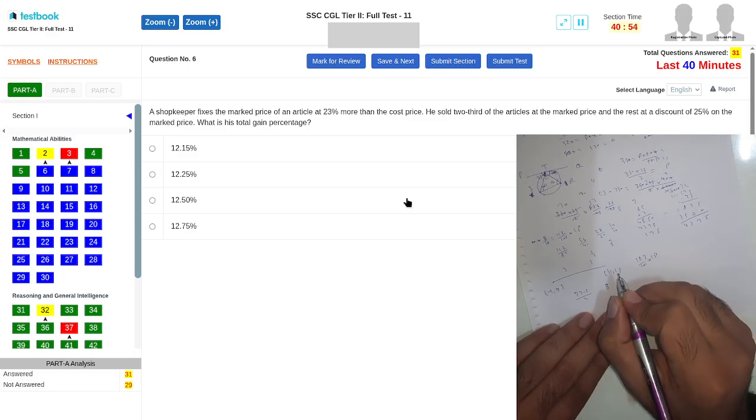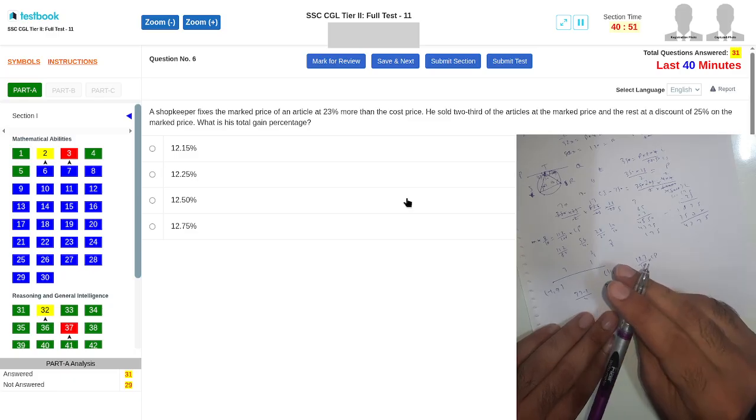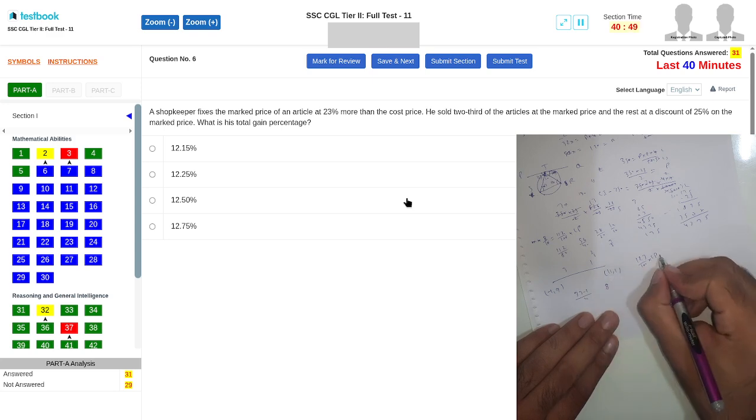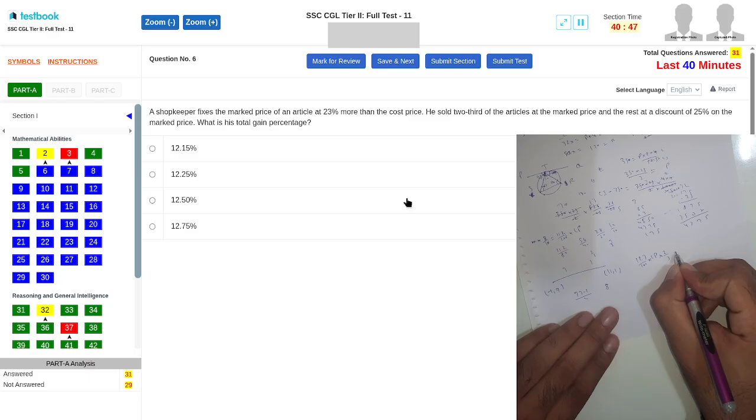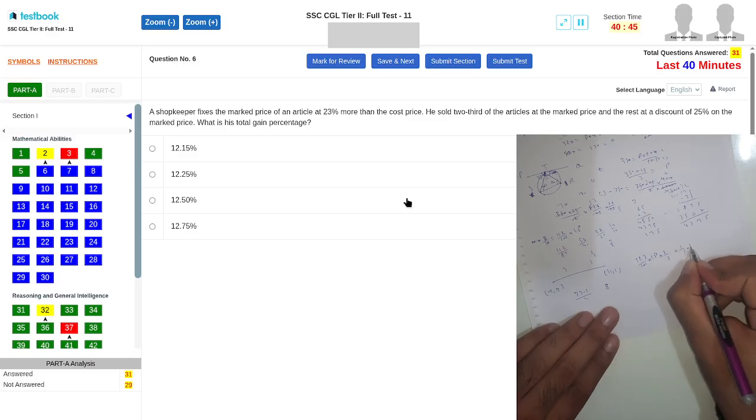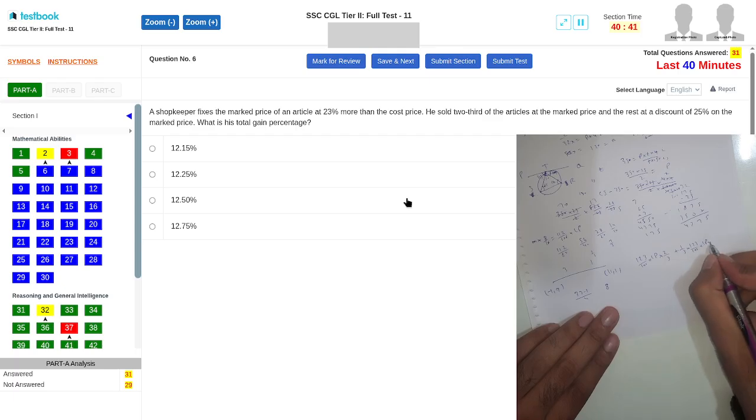He sold 2/3 of the articles at the marked price and the rest at a discount of 1/4.